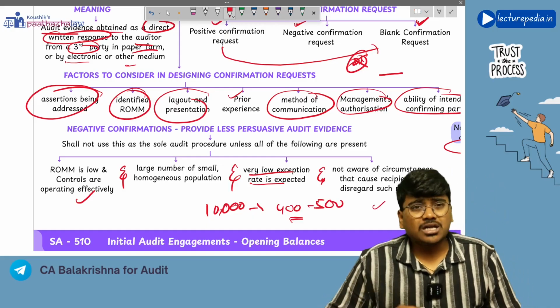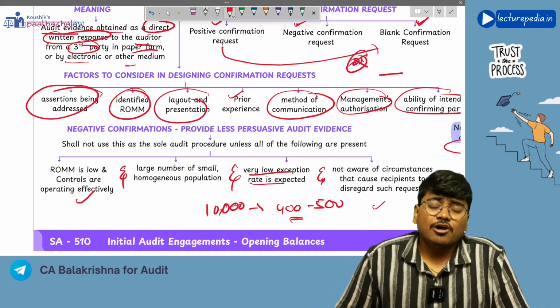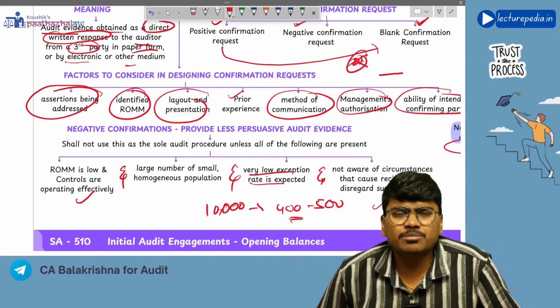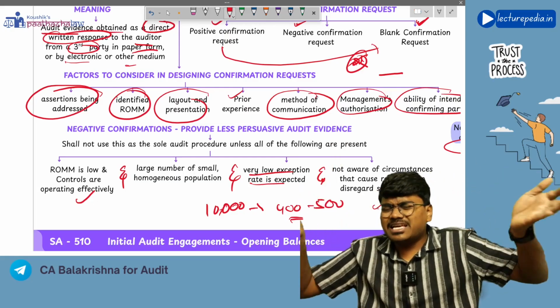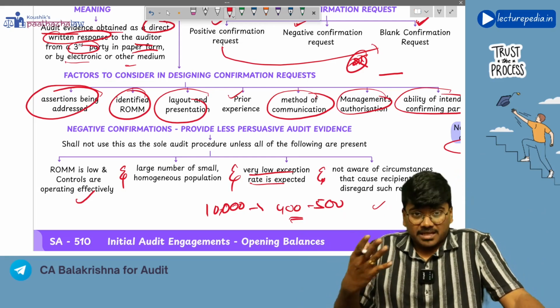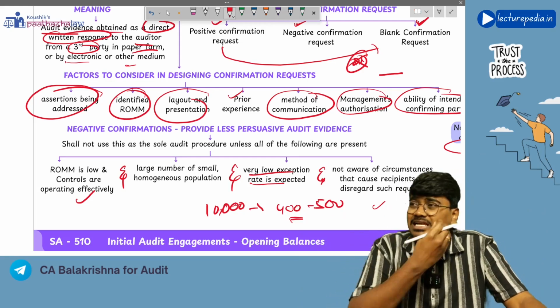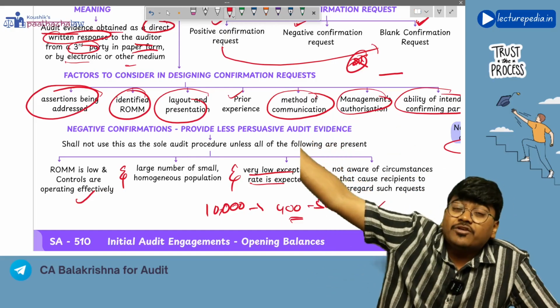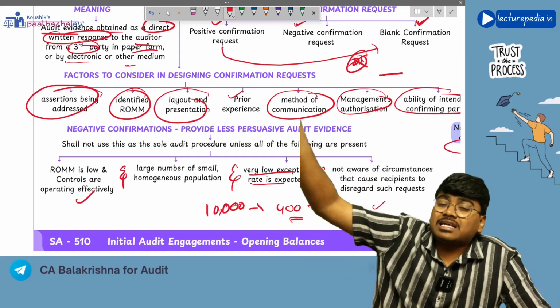Next, you are not aware of any circumstances where the confirming party will disregard your request. Disregard means he will not at all consider, he will not care about your request. You don't have any point to believe that the confirming party will disregard my request.